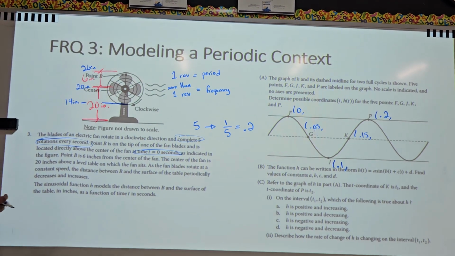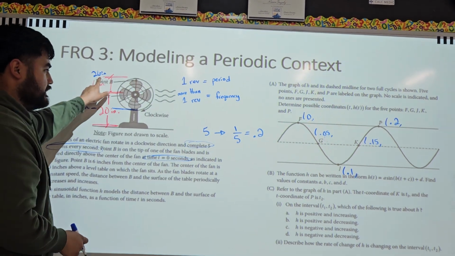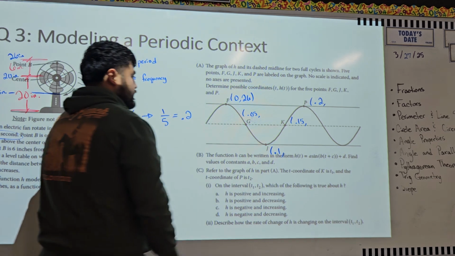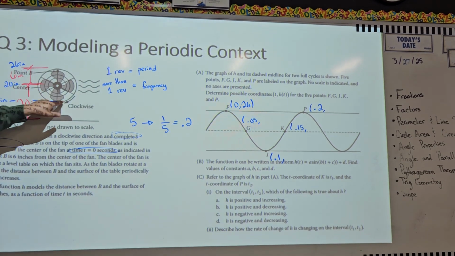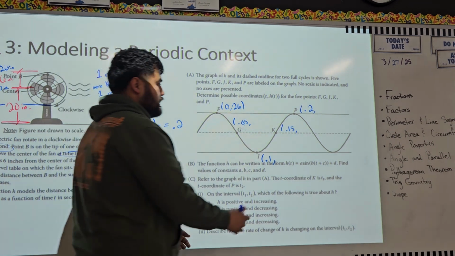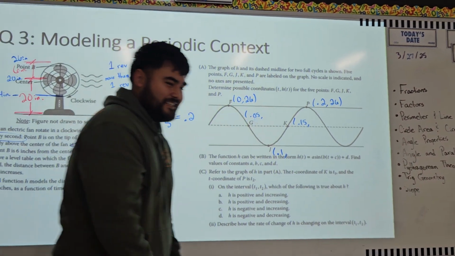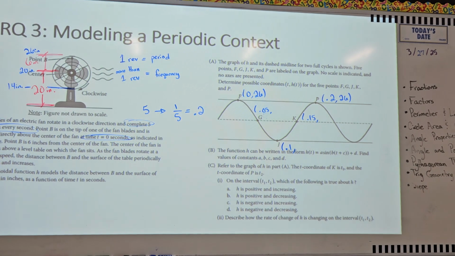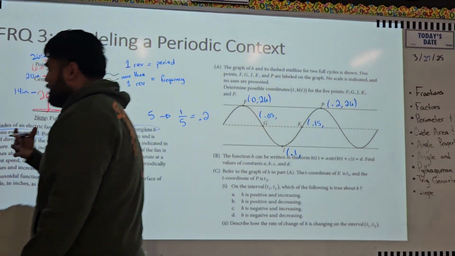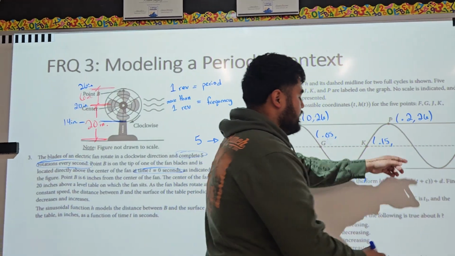So here we go. If I start at my maximum at 0, I start at 26. If that is 26, when I do the whole revolution around the fan, clockwise, I'm going to end up back where I started, so I should end up at 26. From there, what happens? Right here is my midline, this dashed line.